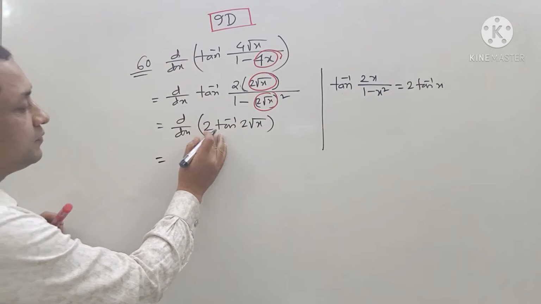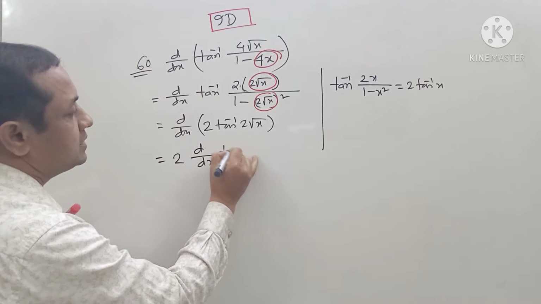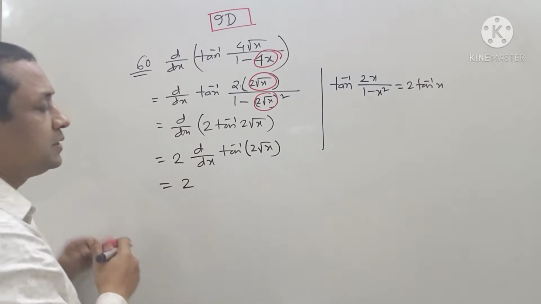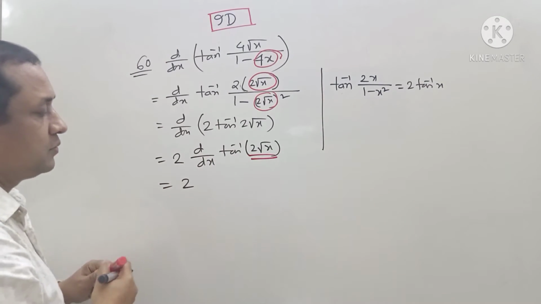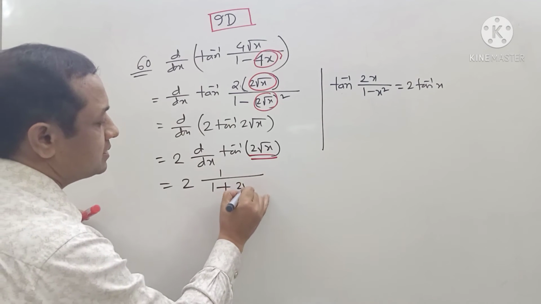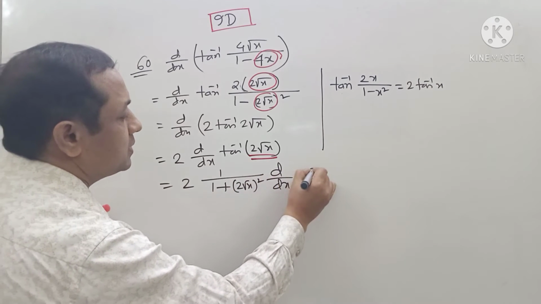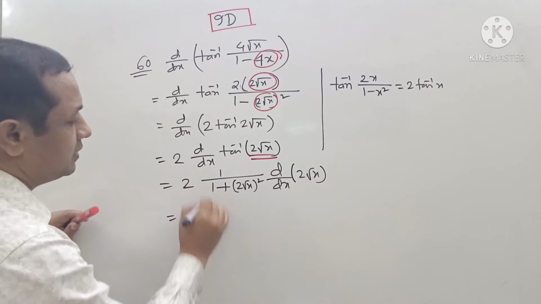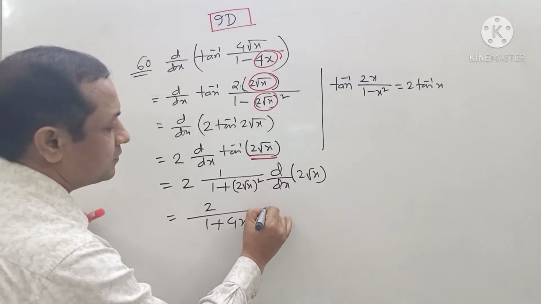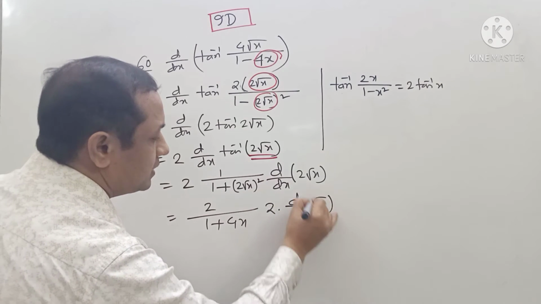Now take the 2 to the first position, then we get d/dx of tan inverse 2 root x. Again using the formula, we know that d/dx of tan inverse x equals 1 by 1 plus x square. Then d/dx of 2 root x gives 2 by 1 plus 4x, and take the 2 to the first position, then d/dx of root x.